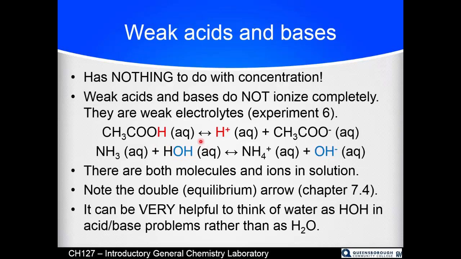Even though, as we saw in the light bulb experiment, water does not ionize. It is a non-electrolyte. That being said, it could be made to dissociate, made to ionize by being in the presence of a base or an acid. And when it's involved in a reaction, it's very helpful to think of water as H plus and an OH minus, HOH.